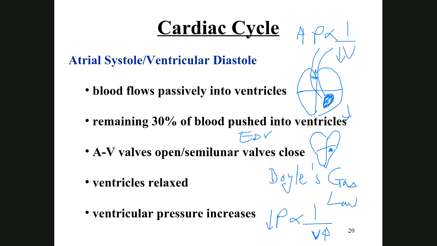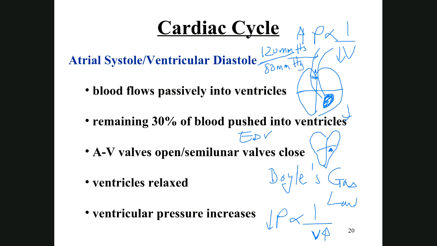Typically, if you measure pressure in the aorta, we call this systolic pressure, 120 millimeters of mercury, over 80 millimeters of mercury, which is known as the diastolic pressure.